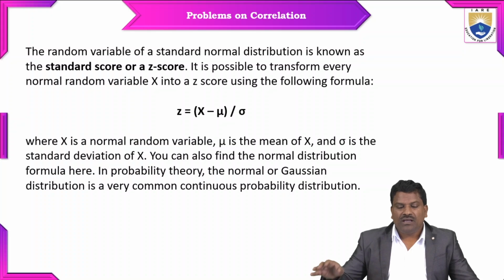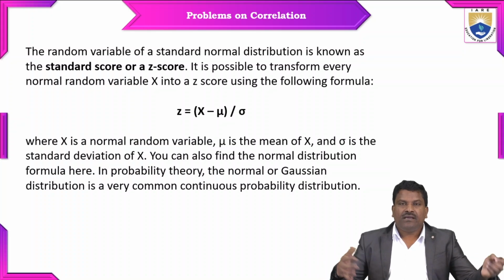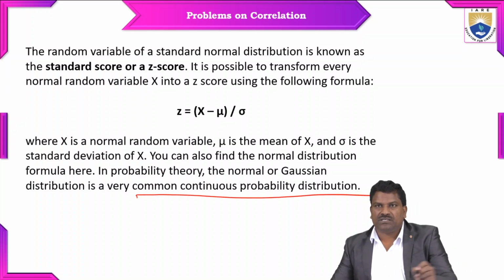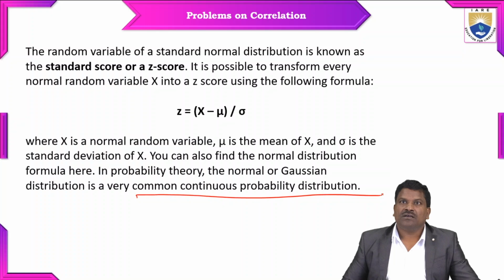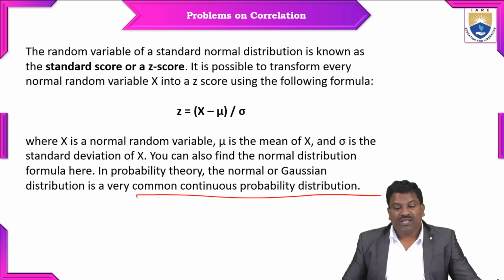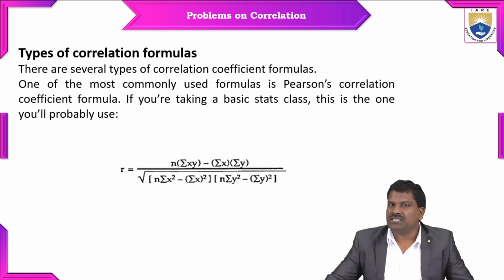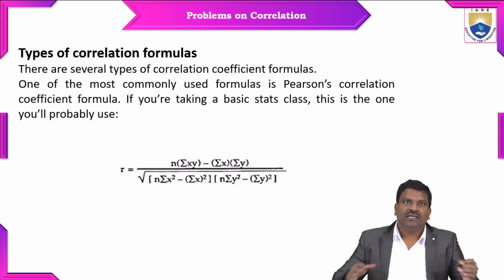The normal or Gaussian distribution is a very common continuous probability distribution. Now let us see the types of correlation formulae. There are several types of correlation coefficient formulae.